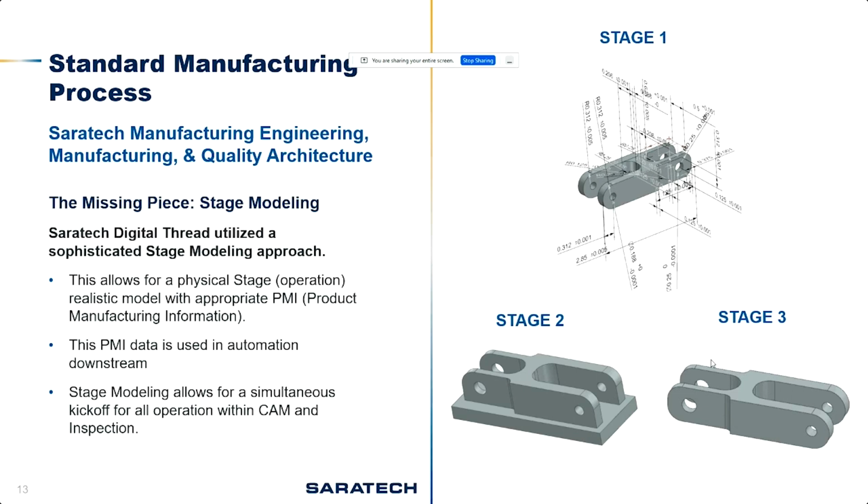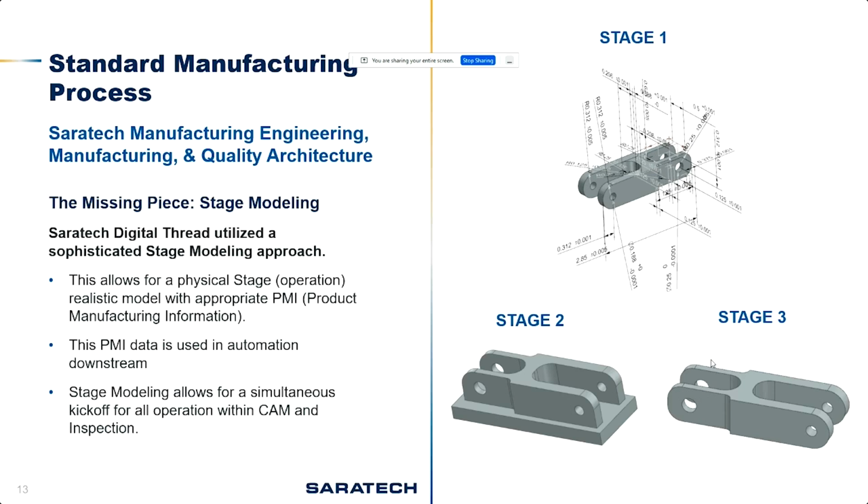So what we do is we use the product manufacturing information, which is the same thing, just in a digital space. But what that does is that gives us an enormous amount of attributes. What that allows us to do is differentiate between a 312 hole and a 312 press fitted hole, or a slip fit hole, or just a through hole.